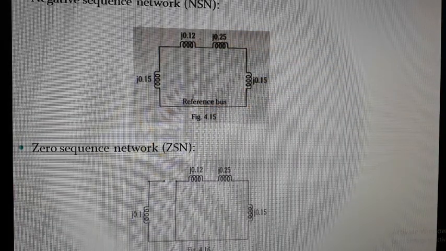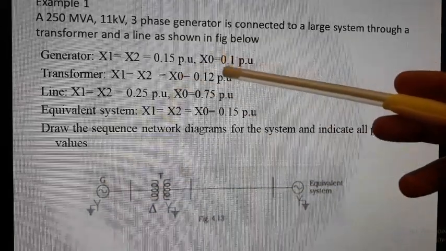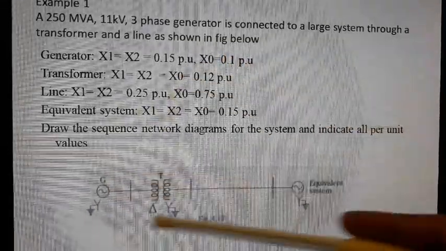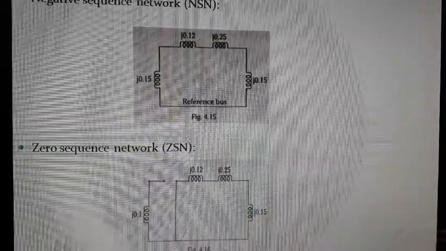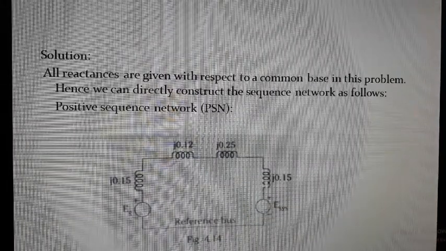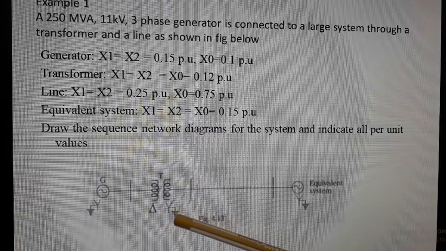Writing the zero sequence network is quite different from positive and negative. First we look at the generator: the generator zero sequence reactance is given, so that is written. Next the transformer comes, and here we have to be very careful.